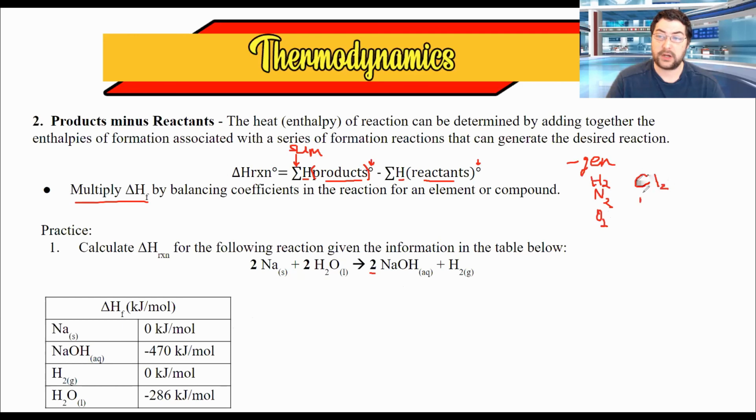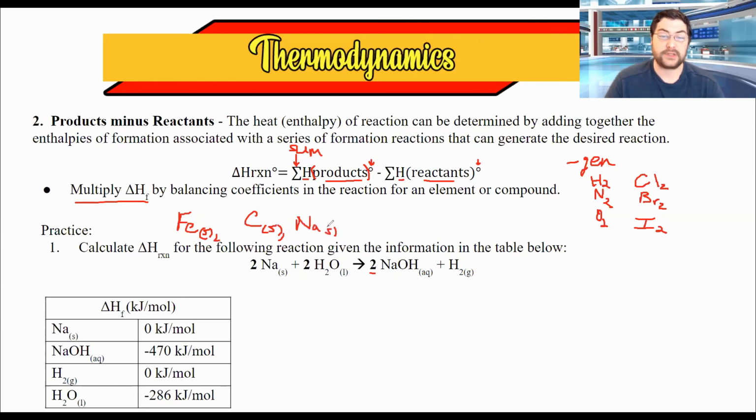So that'd be chlorine, bromine, and iodine, okay? So all of those diatomic molecules, and then just any single element by itself. So if we had like solid iron, or if we had solid carbon, or like down here in this table we've got solid sodium, okay?